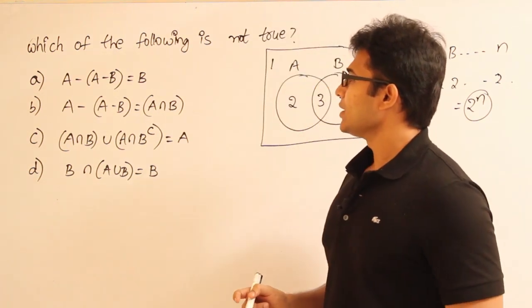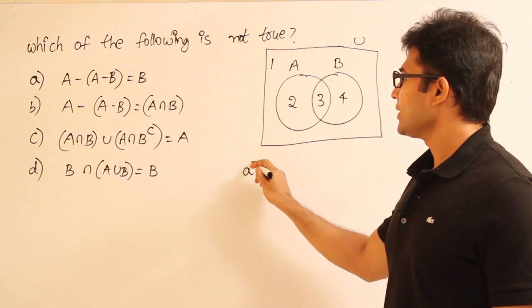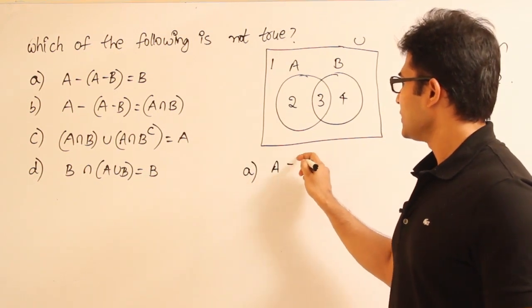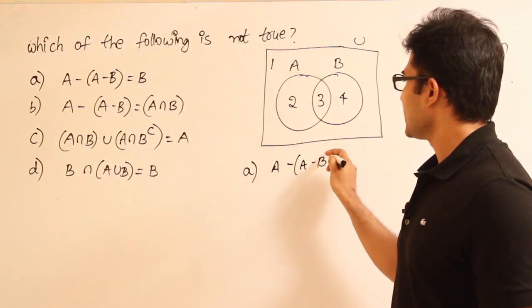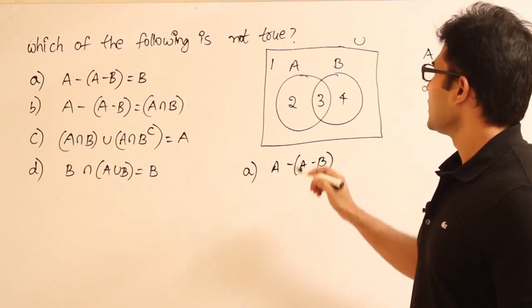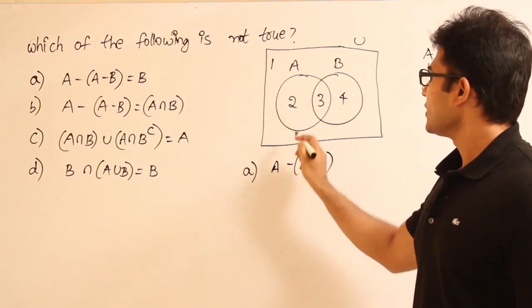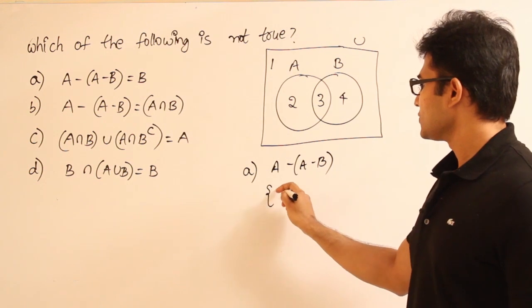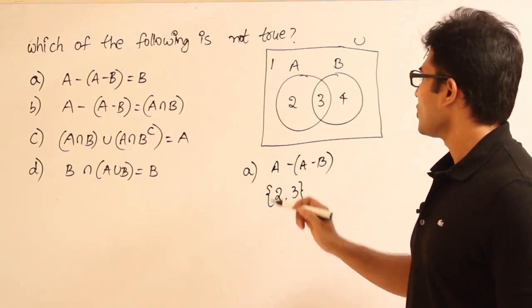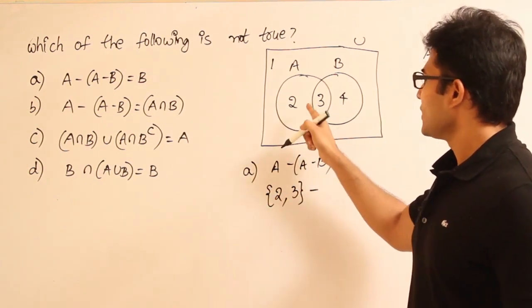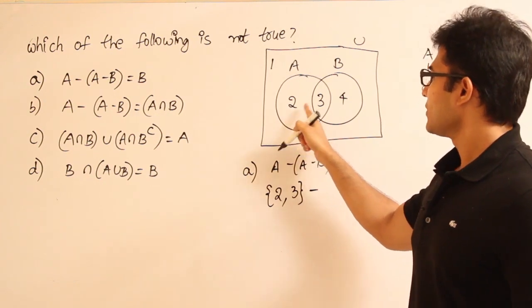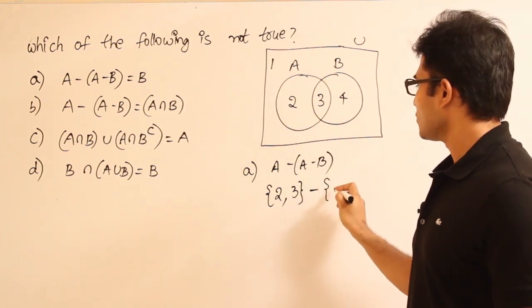So now let's see option A. In option A, LHS is A minus B. Let's see what is A minus B here. So what is A? A is 2 and 3, right? And what is A minus B? A minus B should be present in A but should not be present in B, which is nothing but 2.